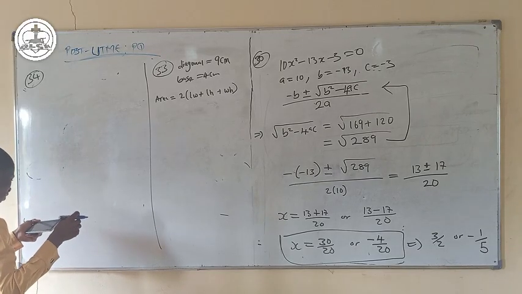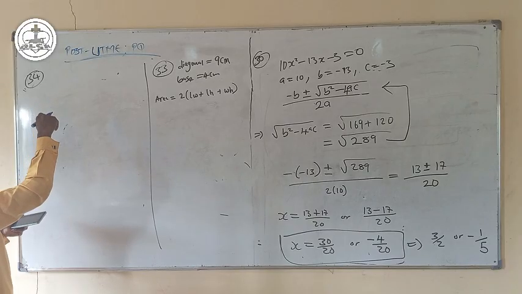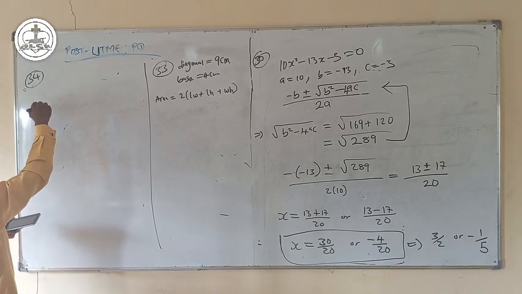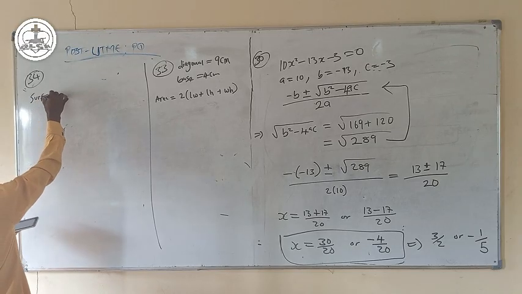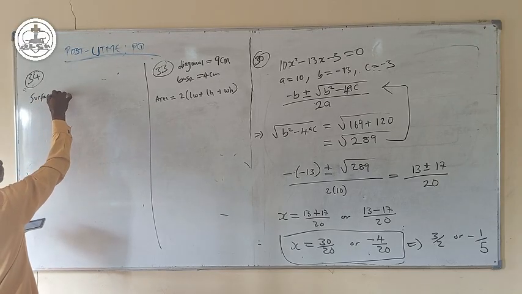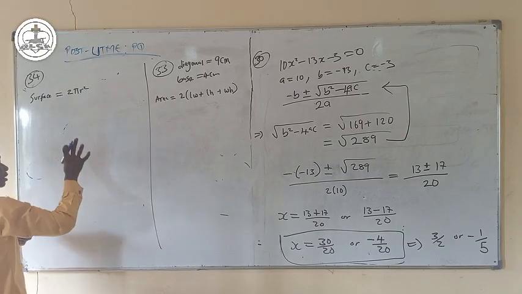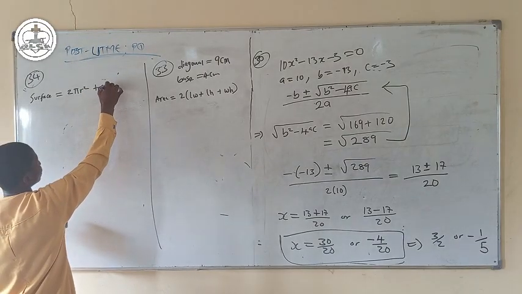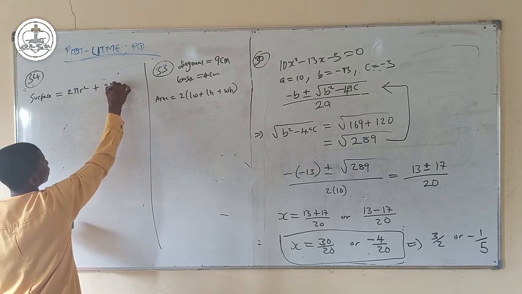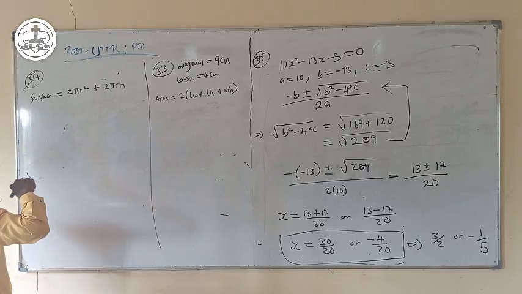Its surface area: we know that the total surface area of a cylinder is 2 pi r squared plus 2 pi rh.